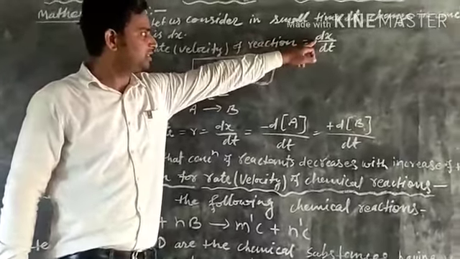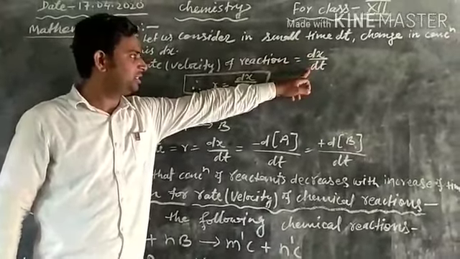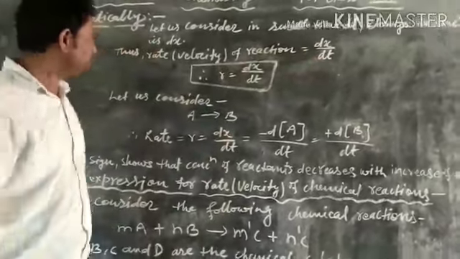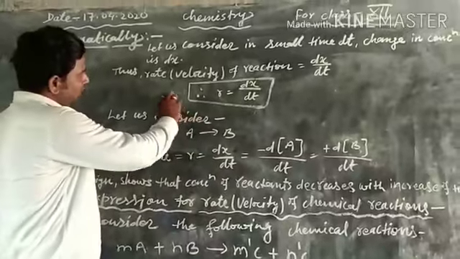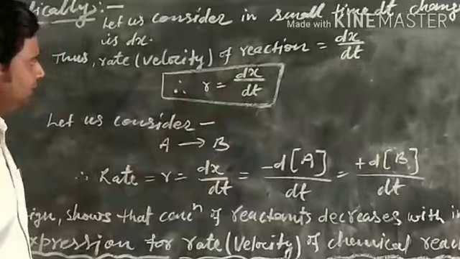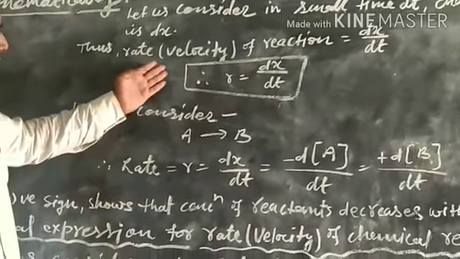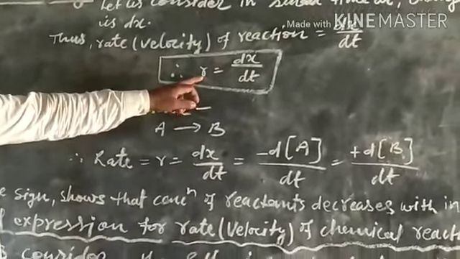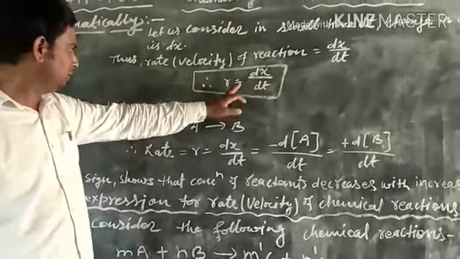So the rate of reaction is also written as r equal to dx by dt, because rate of reaction is represented by a small r.